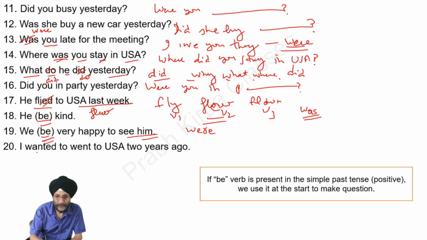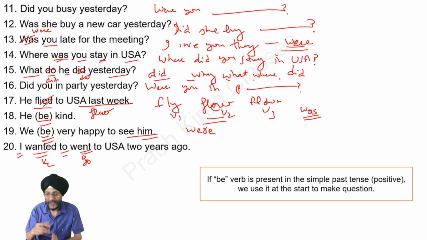I wanted to went to USA 2 years ago. You will see that I is the subject and we have to use the second form of the verb in the positive sentence. This is okay. But when we come to the second verb, went, I wanted to went, here you will see that we have to use the first form of the verb.